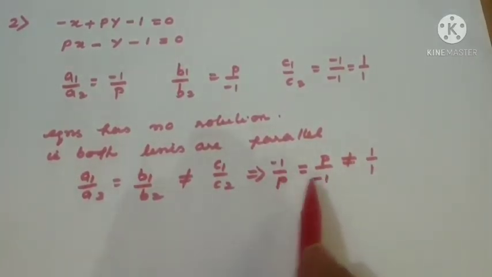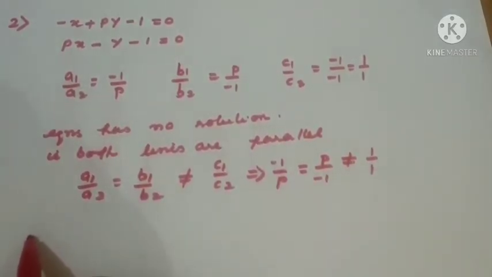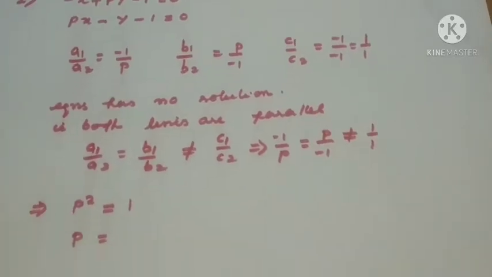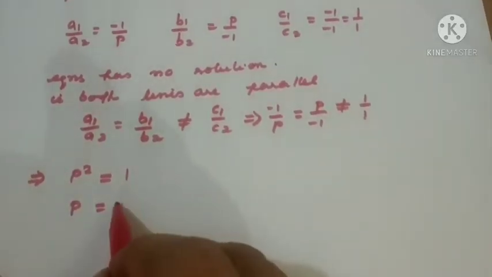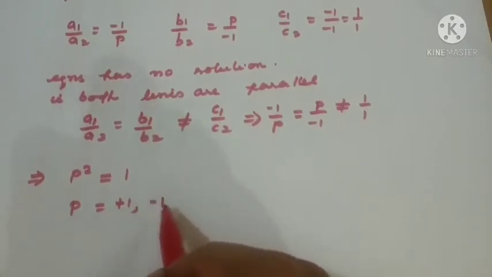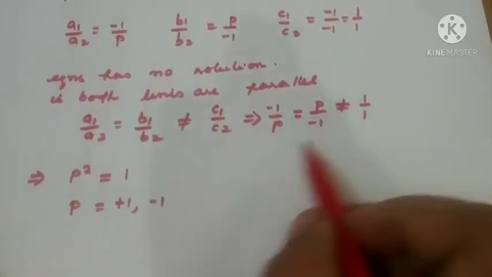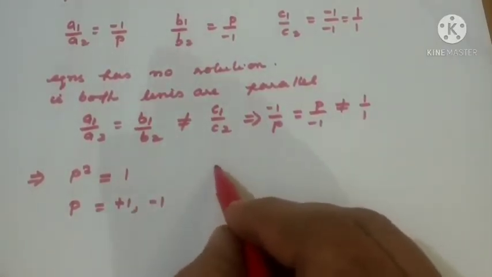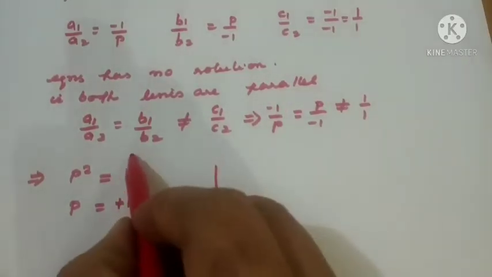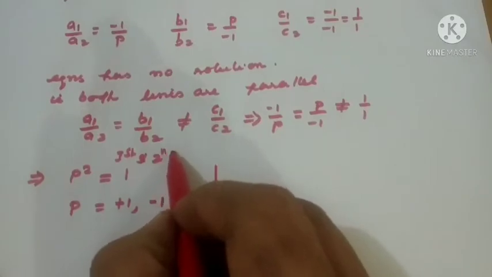See, from the first and the second ratio, p square equal to 1 only. So p equal to plus 1 and minus 1. Now the second and third ratio. If you are having doubt, you can write the first and the second ratio.